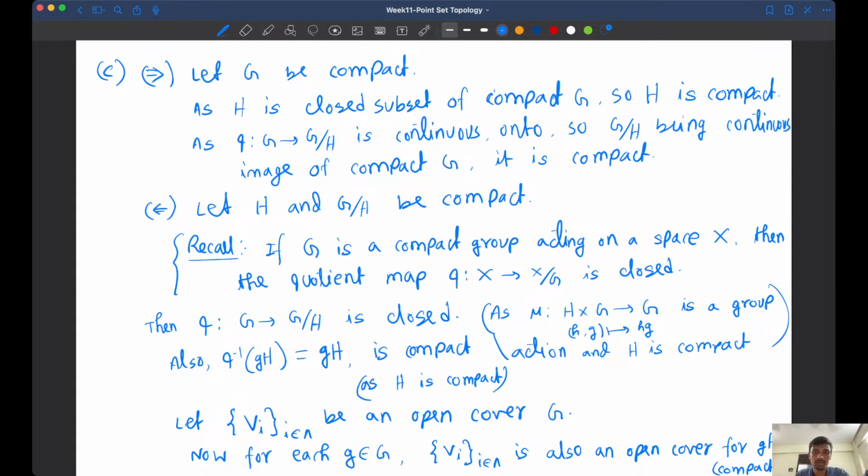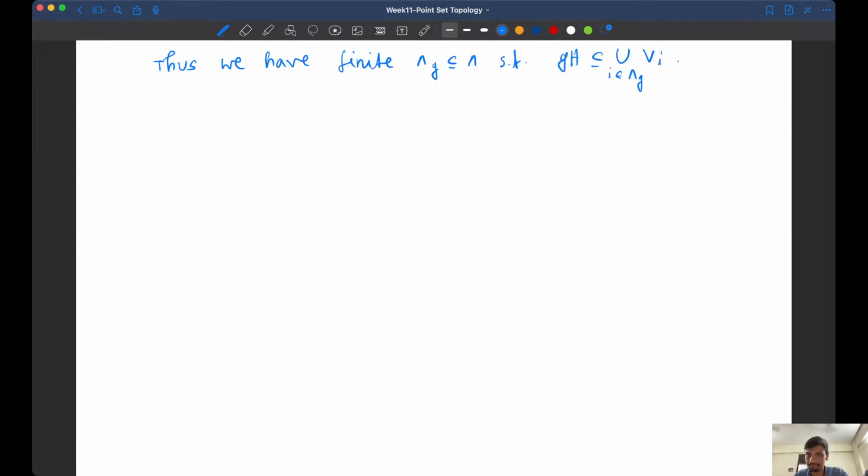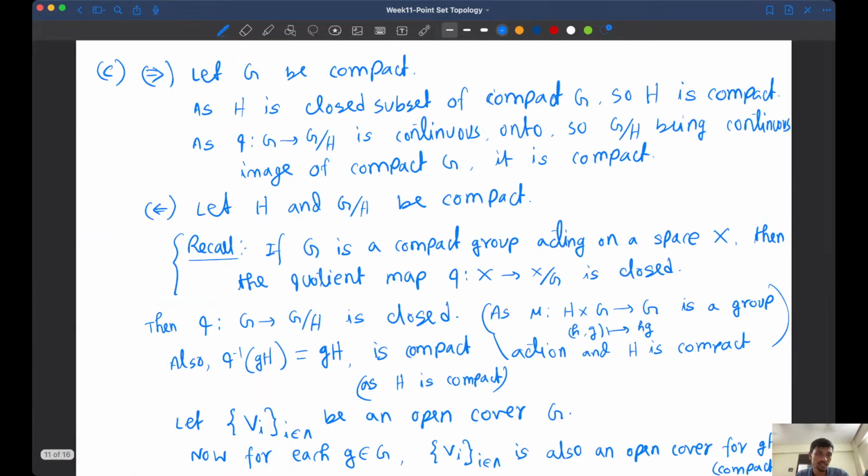Now what I will do, I'll consider the complement of this thing. Here this gH as an element, so maybe Q of g is nothing but gH, right?